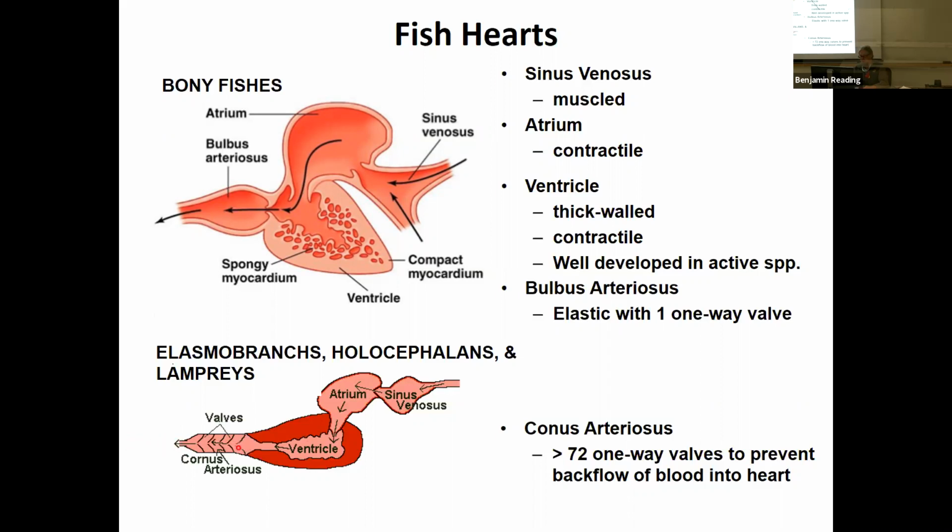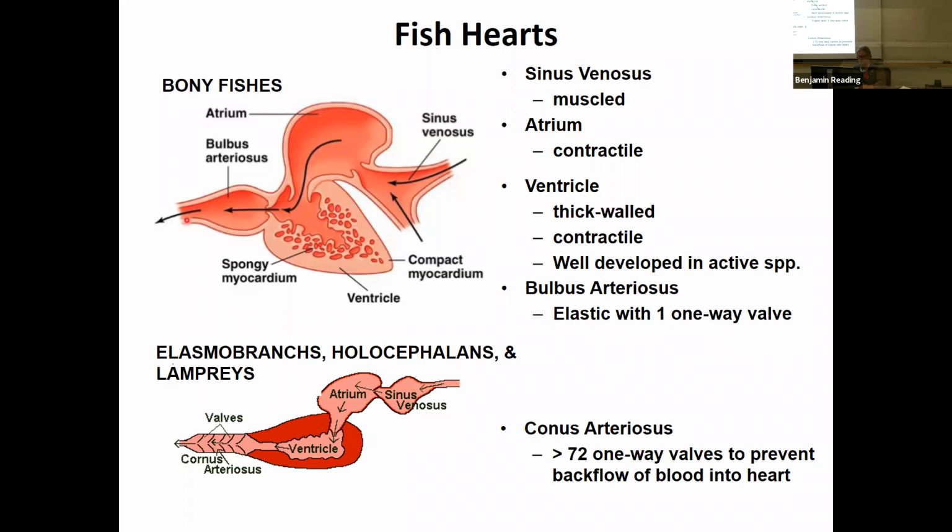And it passes through these valves. It's kind of like gateways. And they cannot backflow back into the heart. And so the conus arteriosus is slightly different functionally. However, in its design, it uses these valves to do the same thing. Prevents blood from backing into the heart, but also then maintains pressure in the arterial blood system.